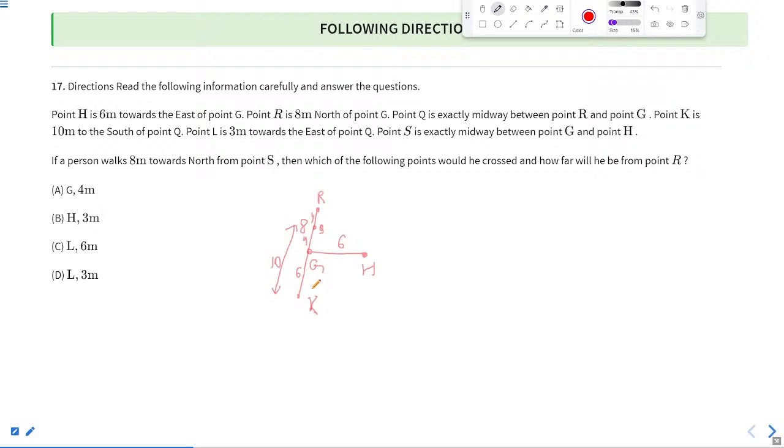Point L is 3 meters to the east of point Q. Point S is exactly midway between G and H.